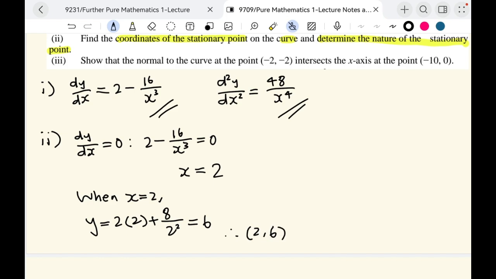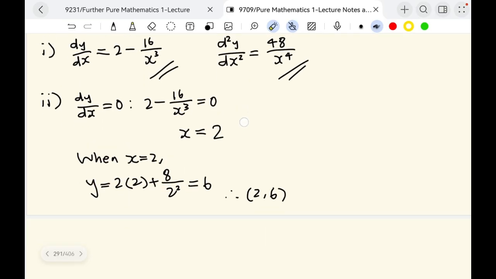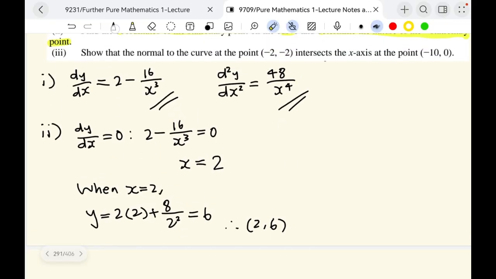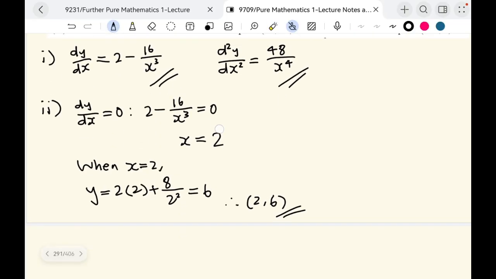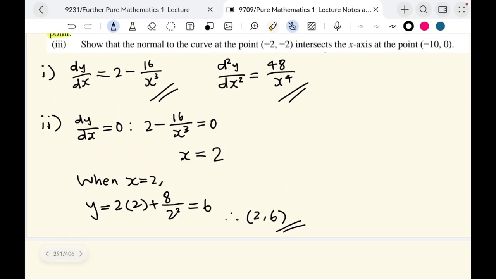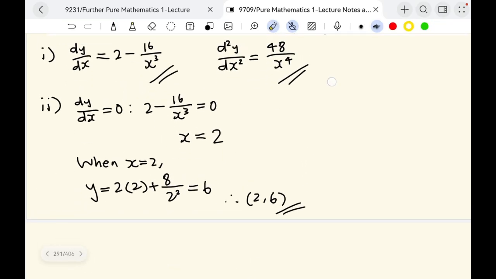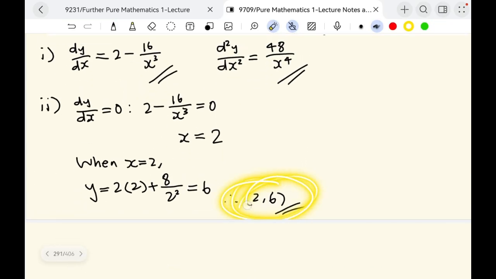It's not necessary that you rewrite the coordinates into the coordinate form. However, you must manage to get the correct coordinates, okay, for each. So this is the answer. But for my best suggestion, okay, please write it in the proper coordinate form. Alright?